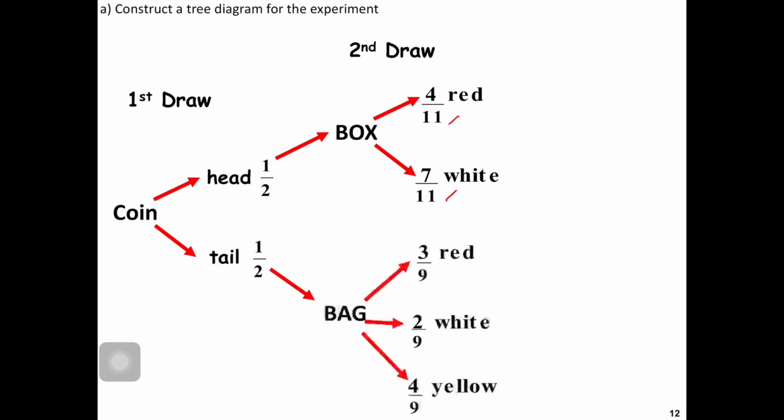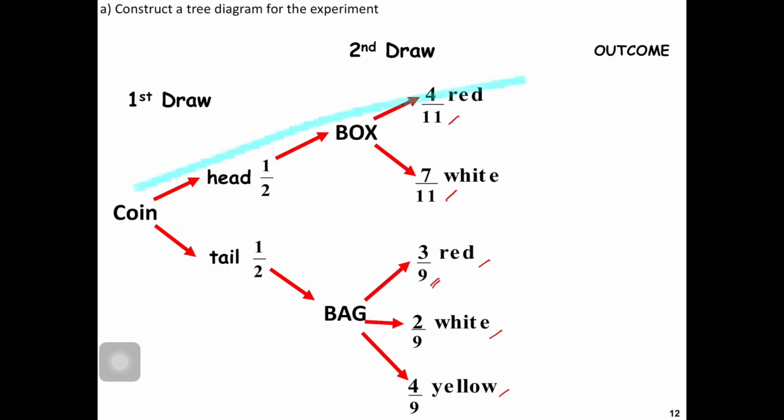The bag contains 3 red, 2 white and 4 yellow marbles. So these are the respective probabilities to get red, white or yellow marbles from the bag. So you see, we will have these branches of outcomes.